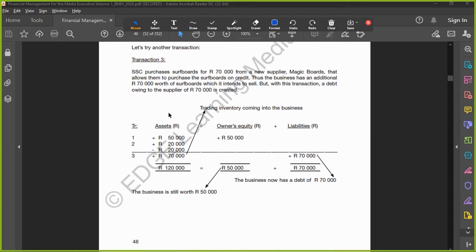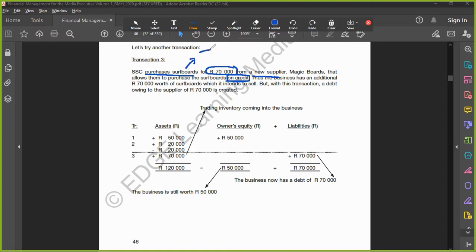Here's another example. So what's happening in this example? In example number 3, if we read it together, it says SSC purchases surfboards for 70,000 Rand from a new supplier that allows them to purchase the surfboards on credit. That's very important. See the word on credit? Now we know that this is a transaction that's going to affect our liabilities. You're buying surfboards.